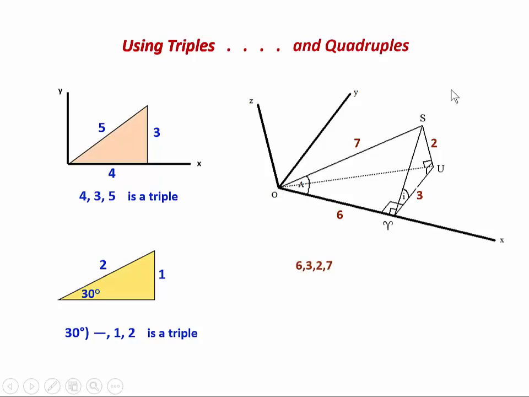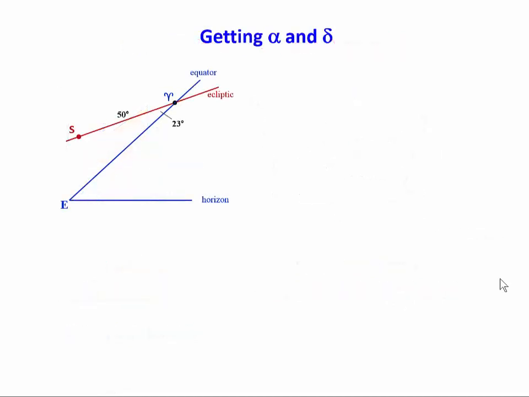So 6, 3, 2, 7 is an example of a quadruple, and in general, if x, y, z, r is a quadruple, then it must be that x squared plus y squared plus z squared equals r squared. So now we're going to go back to our problem and find what's called the right ascension and the declination.